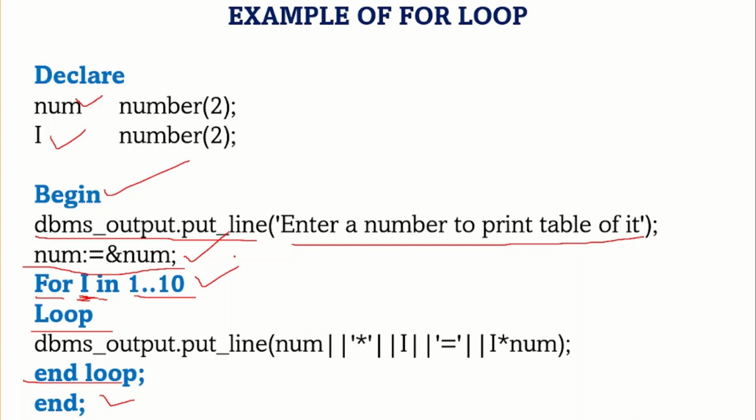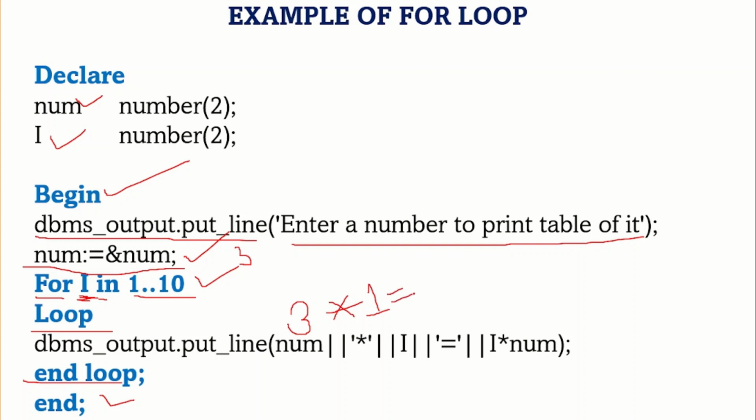So within that, what will we get? Suppose I have entered 3 here as input, right? So this num will give us 3. This will be printed as it is, as a star, or you can say the multiplication symbol. This I will first give 1 because the initial value of I is 1.